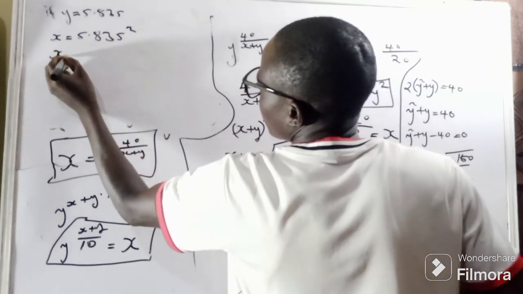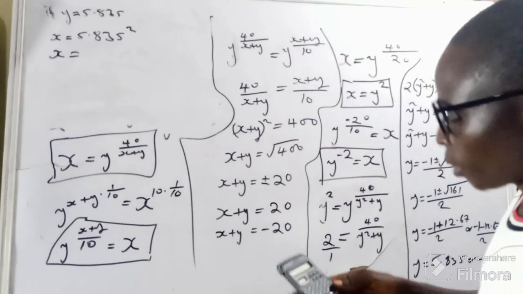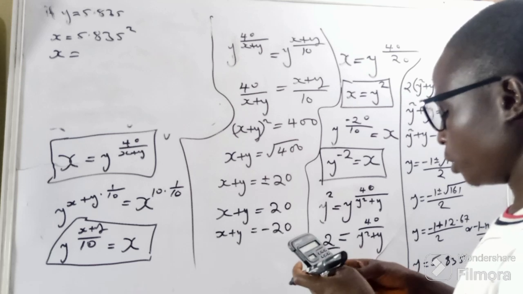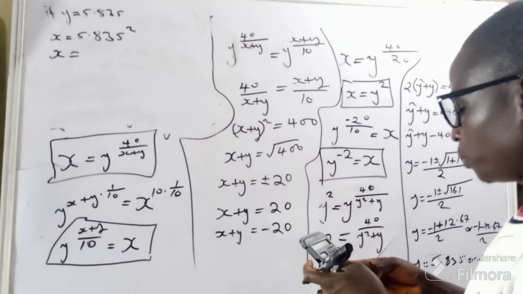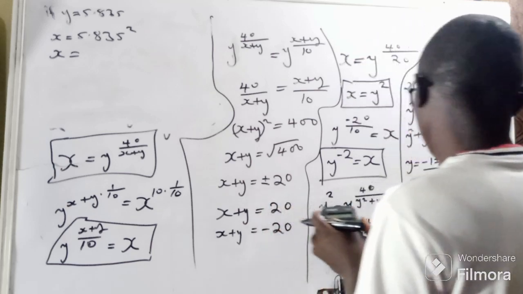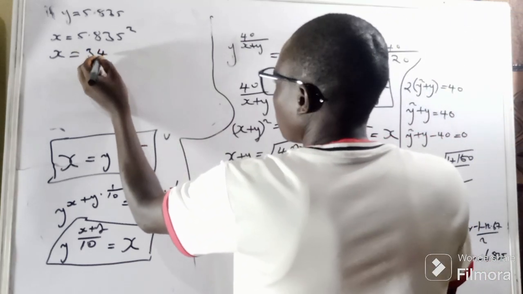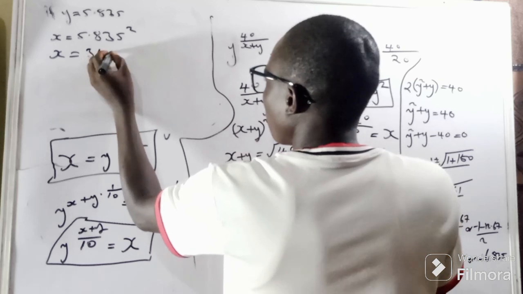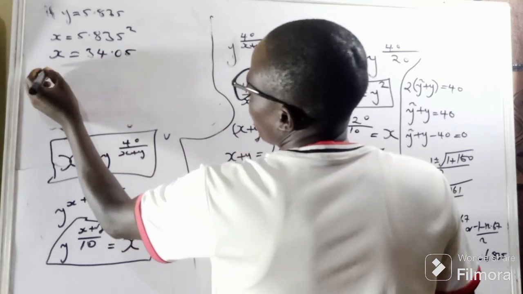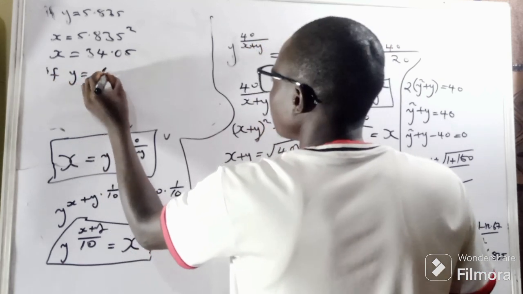That means x is now equal to, let me use the calculator, 5.835 squared, 34.05.